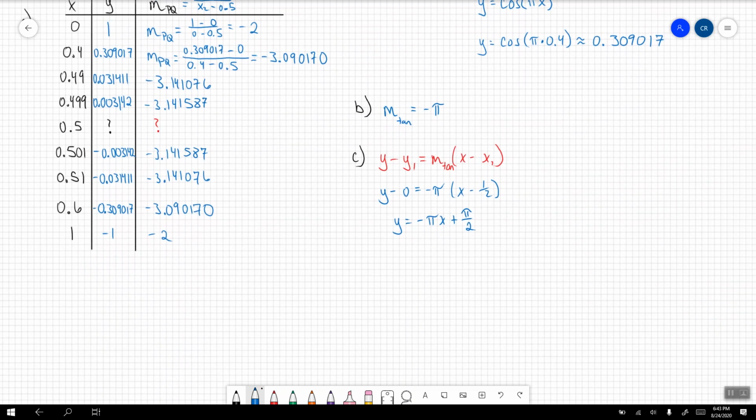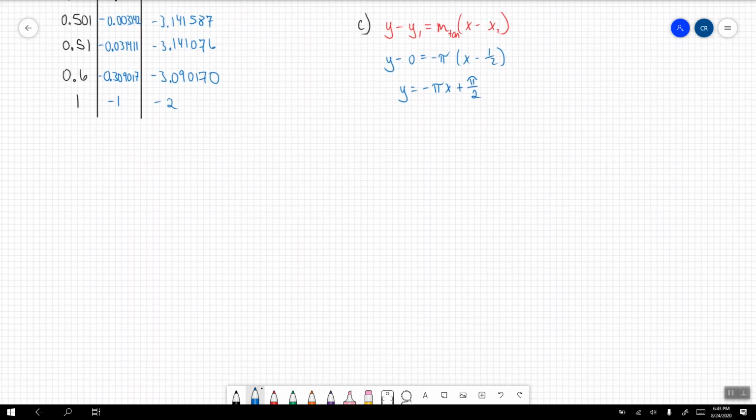Now, we're going to work on graphing this function. When we work on graphing this function, we want to make sure we graph the function correctly, and we also want to make sure that we show two secant lines and that we also show the tangent line. So let's get into that process.